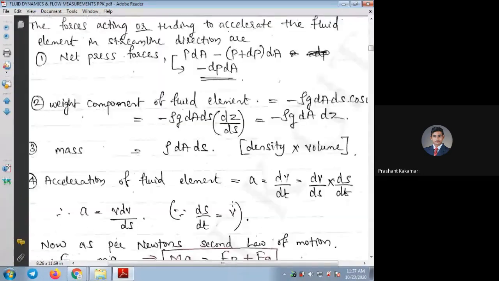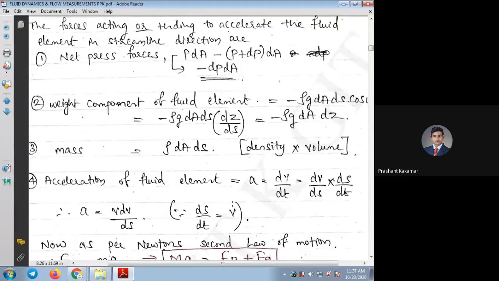The next is the acceleration of the fluid element, because on the left side we want to write the net force in terms of Newton's second law, mass into acceleration. There we need to write the acceleration term in terms of the given sketch.